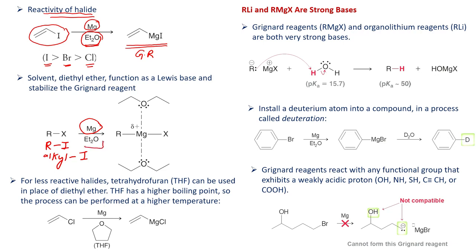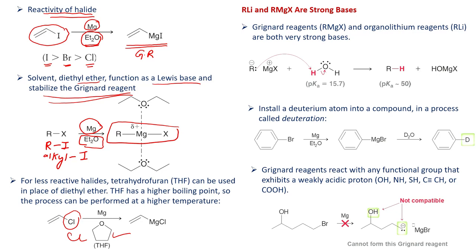And what does diethyl ether do? It stabilizes this Grignard reagent. So diethyl ether functions as a Lewis base and stabilizes the Grignard reagent. But when your organohalide contains chlorine, you use THF as a solvent.